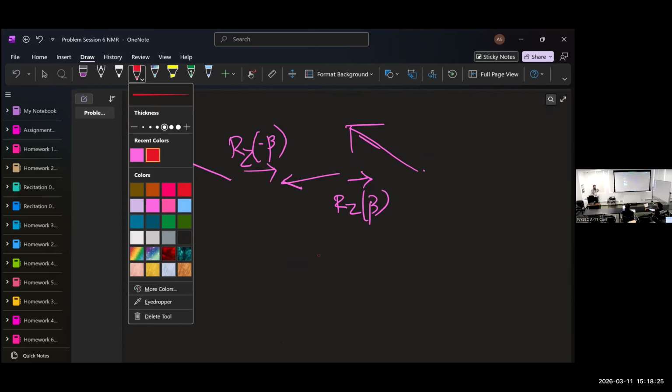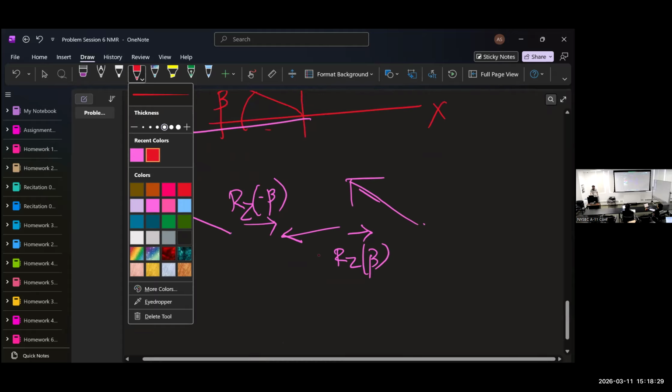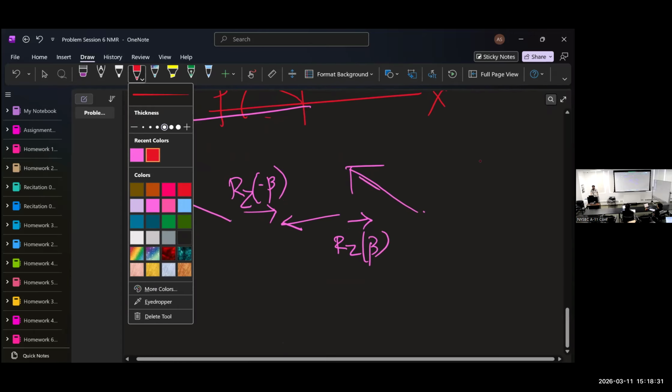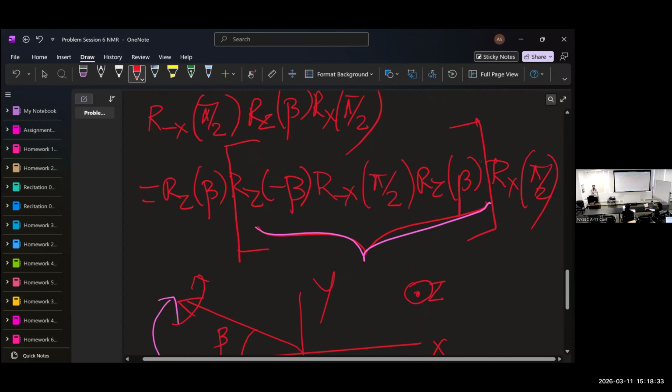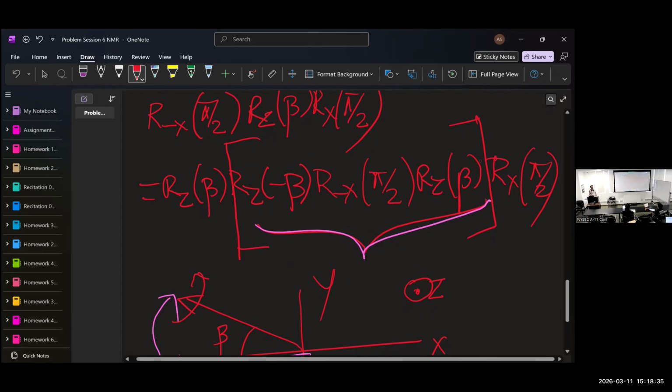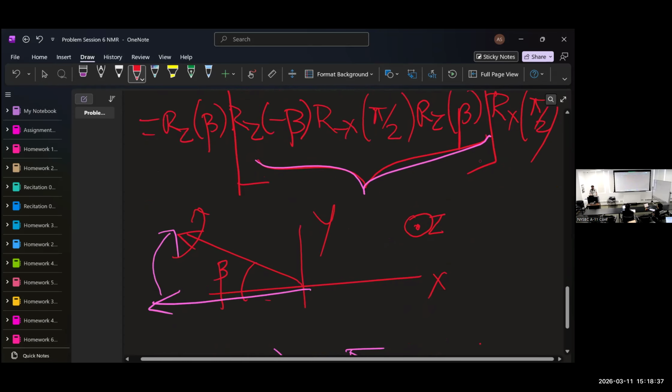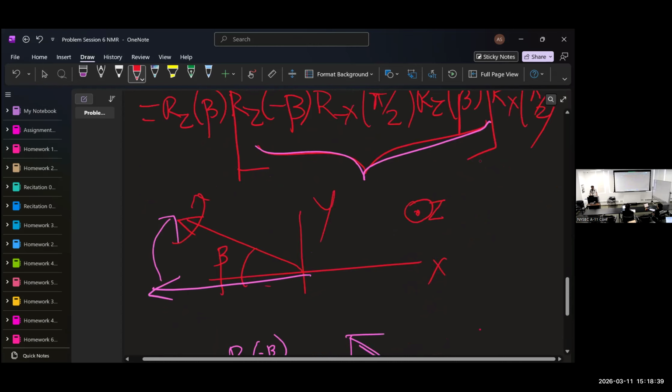If that was not intuitive, then you can also apply regular angular momentum algebra and prove that this is actually what I'm describing.